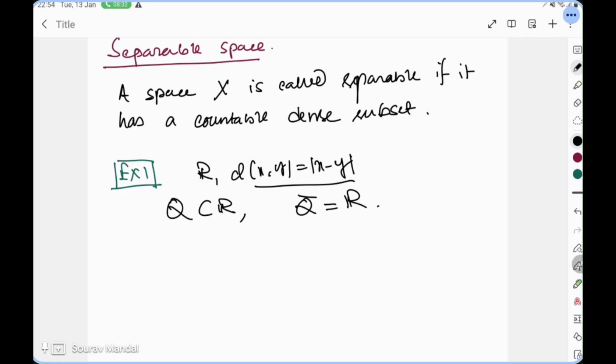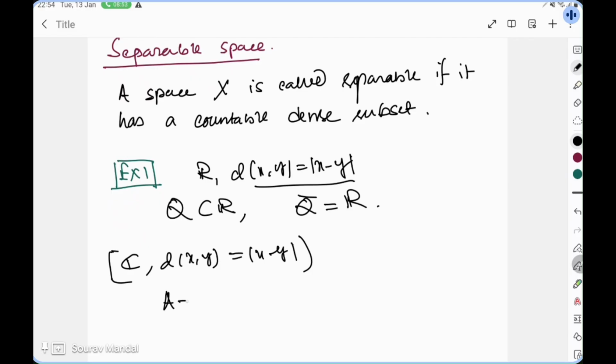And instead of R, if you are considering C with the usual metric, is it a separable metric space? Yes.